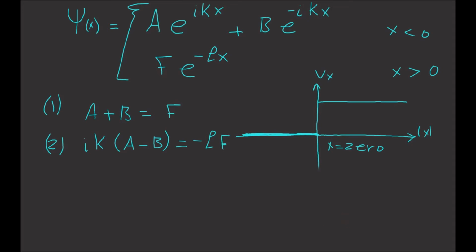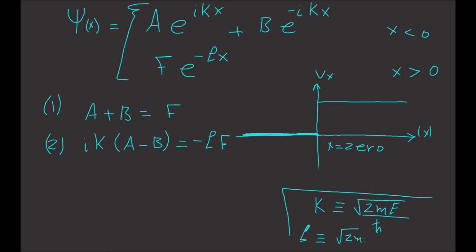Let's remind ourselves what K is. K, as usual, is the square root of 2 times m times E divided by h bar, and L is defined as the square root of 2m times V naught minus E divided by h bar.